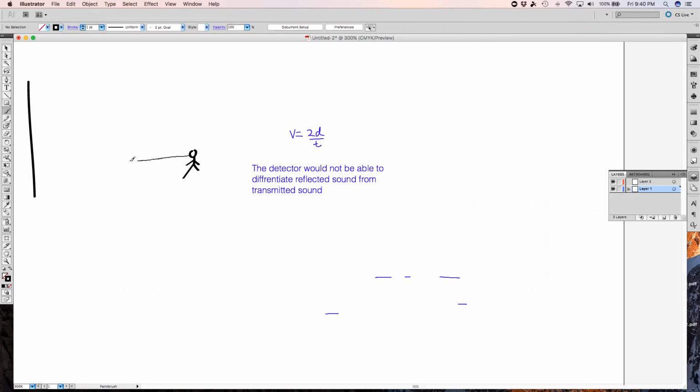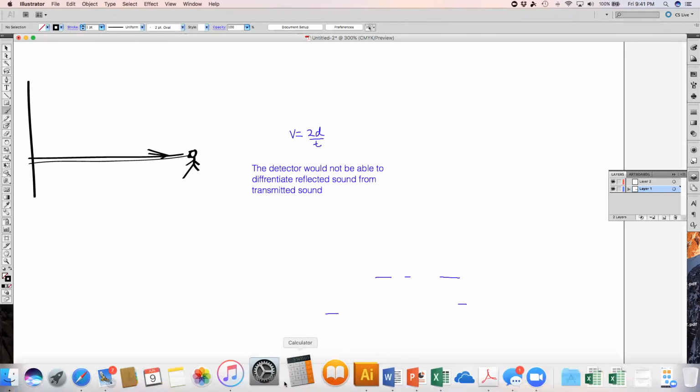If you send out a sound and you stay quiet, then you'll be able to hear the reflected sound. We understand that. But if you send out a sound and you continue to scream, you would not be able to know when this echo returns, because the sound that you're continuously making would override your ear, and your ear wouldn't know when this echo comes back. That's basically what we're saying.